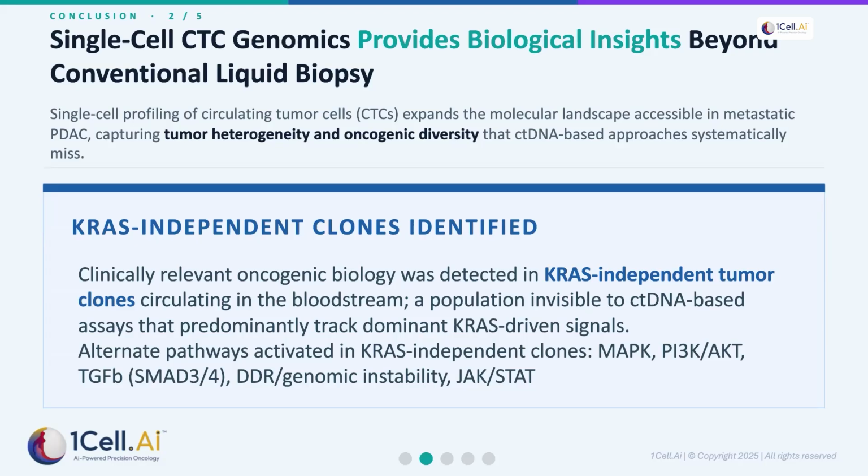Interestingly, in these KRAS-independent clones, in some of them, alternate pathways are activated in the MEK signal, MAPK, SMAD, and in some cases, just completely alternate pathways are activated, PI3 kinase AKT, genomic instability, JAK-STAT. And I think we really have to have a good understanding of exactly what is happening in all these different clones if we are really going to impact what happens to pancreatic cancer patients.